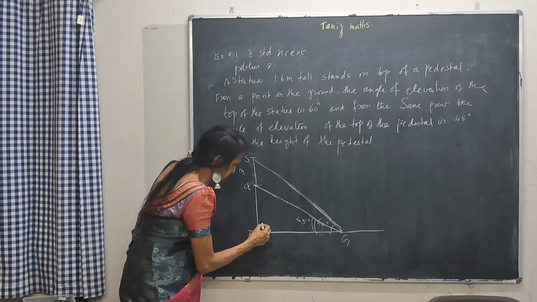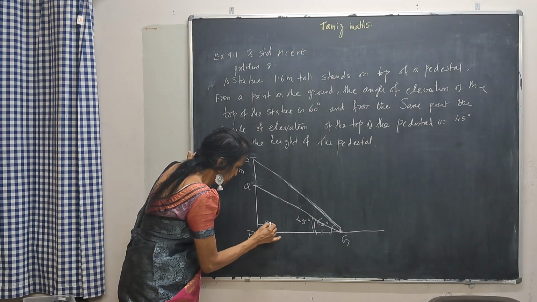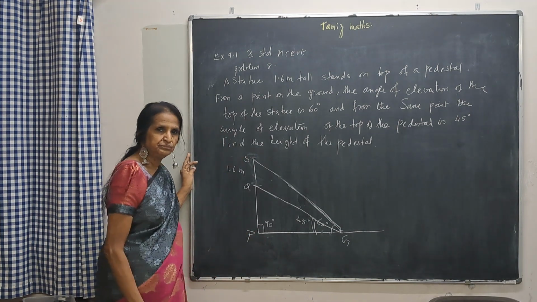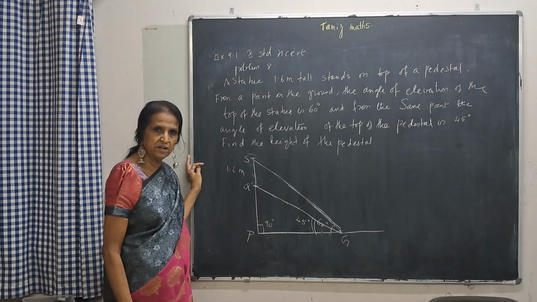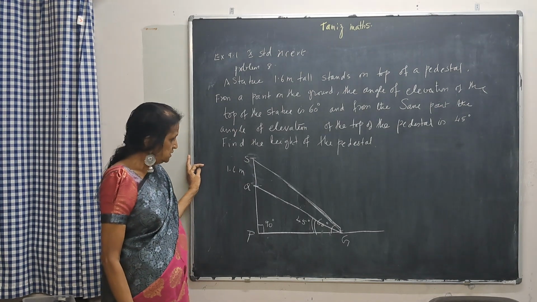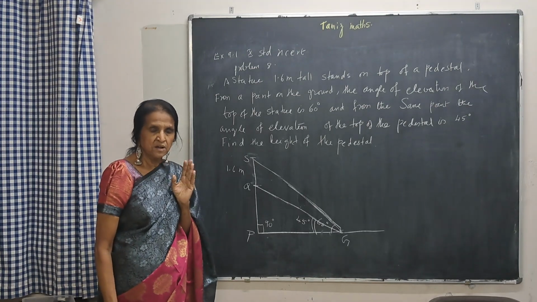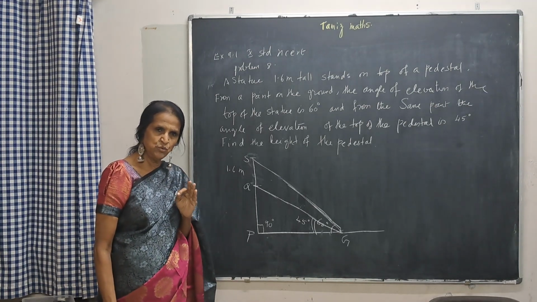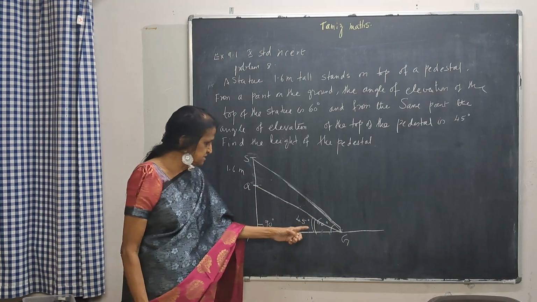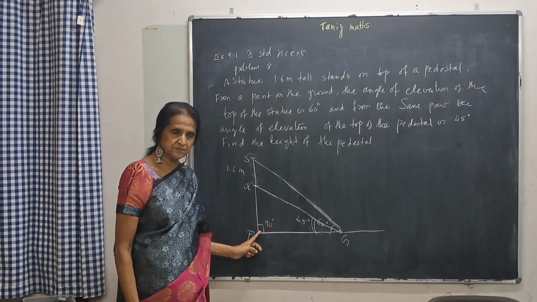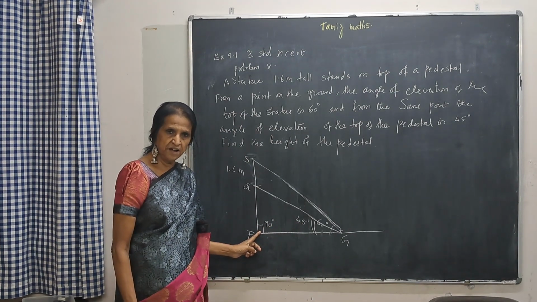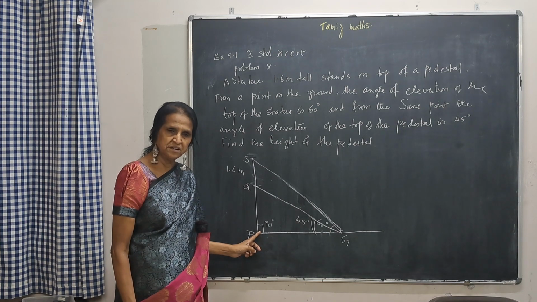Now this is 90 degrees, because it's the angle between the vertical and the horizontal. Consider the triangle PQG. This angle is 45, this angle is 90. All the angles of a triangle put together will be 180, dear viewers.